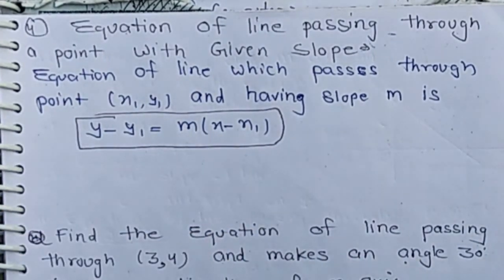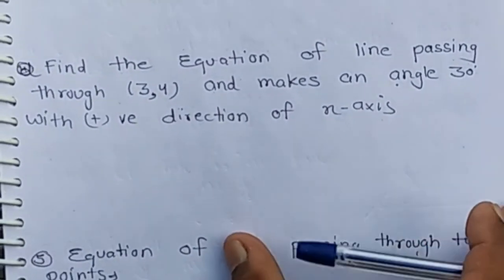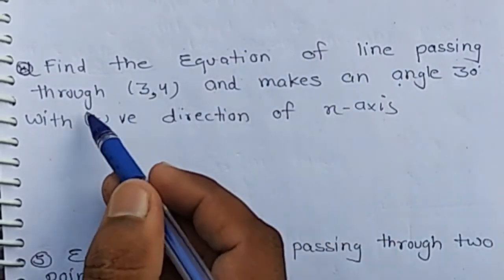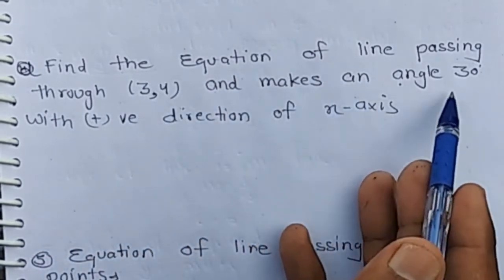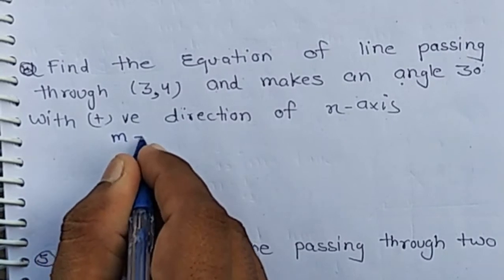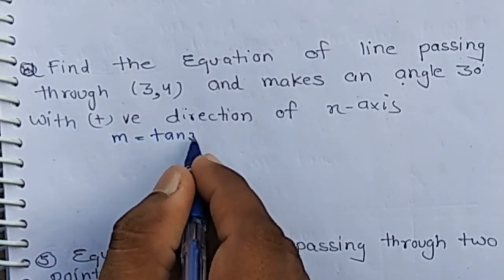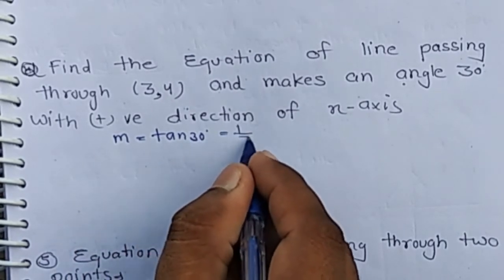Now the question based on this formula: find the equation of the line passing through the point 3, 4 that makes an angle of 30 degrees with the positive direction of x-axis. Means m equal tan 30, which is 1 by root 3.